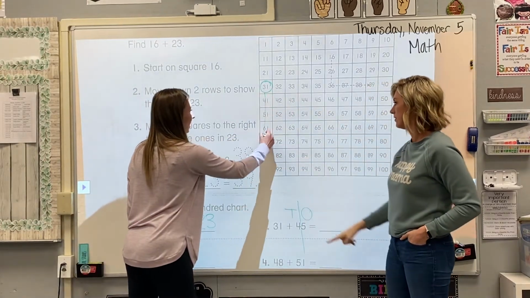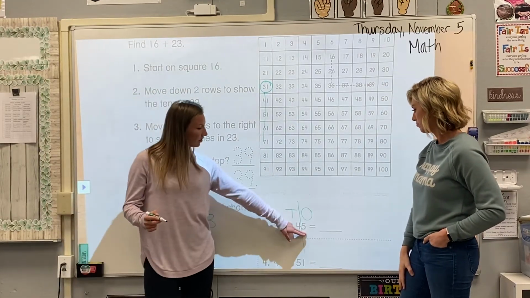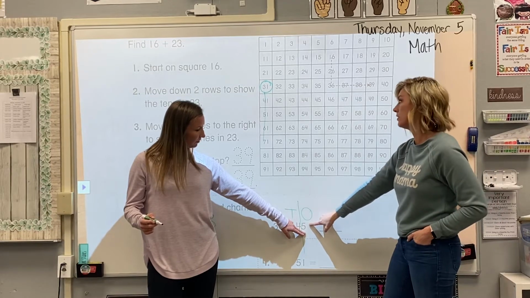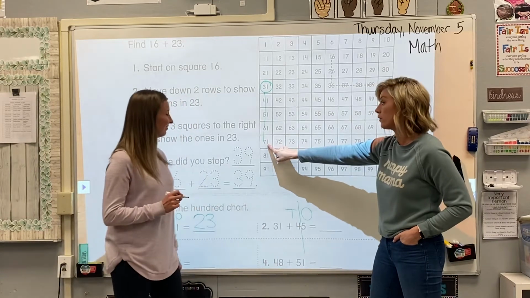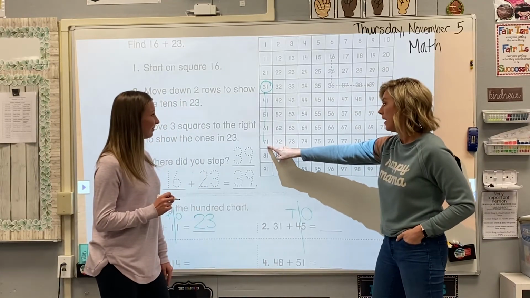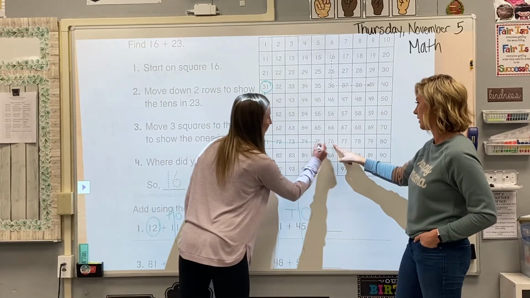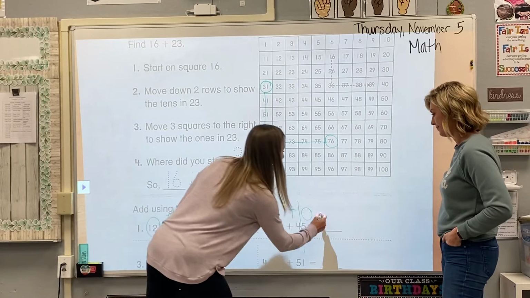So I'm going to draw a line to that 71, 4 spaces down. And what do we need to do next? When I go to the 1s column, whatever number is in the 1s column tells me how many spaces to move to the right. So I'm going to start here where I ended up, and then I'm going to move 1, 2, 3, 4, 5, and this is where my answer is. Awesome. So our answer is 76.